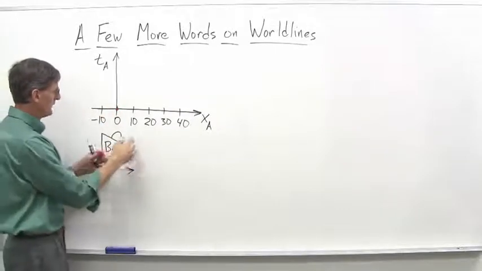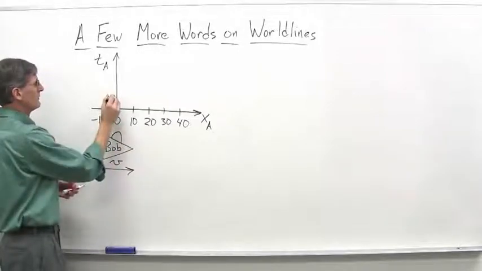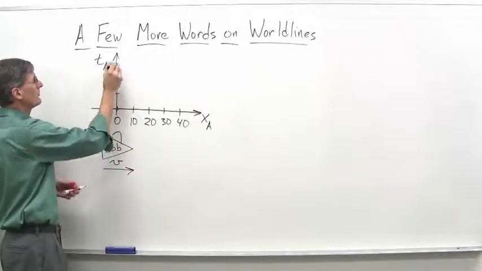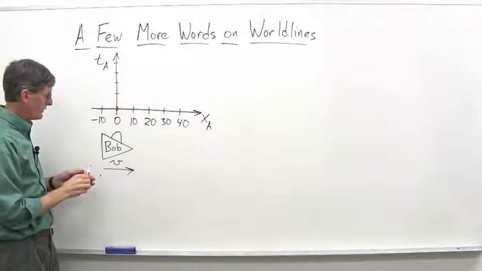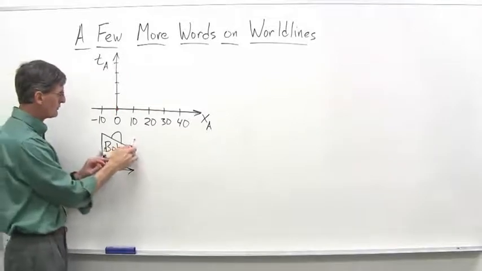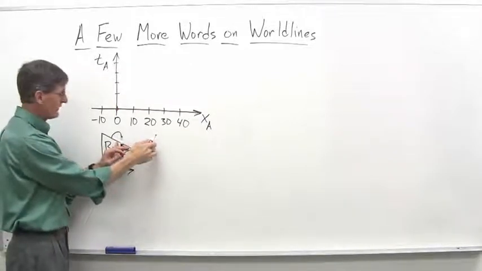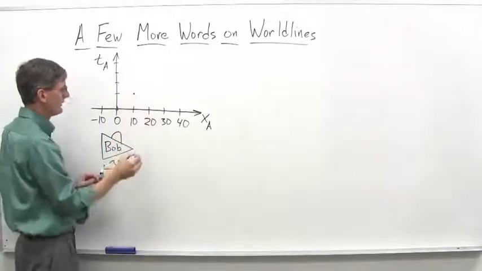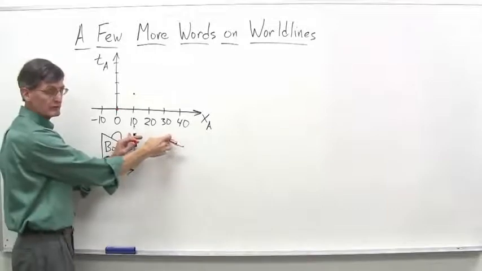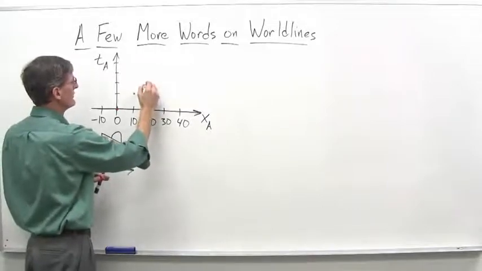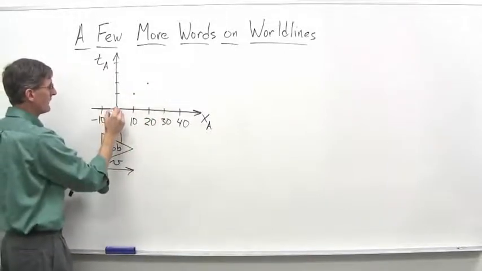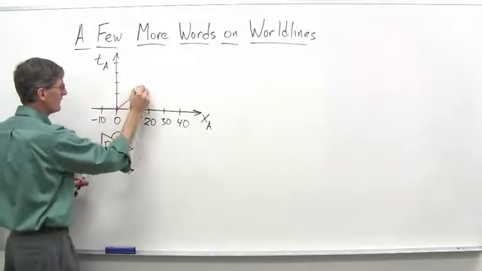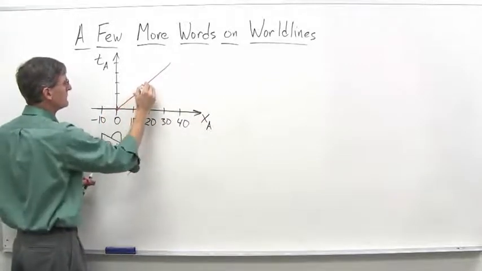Then let's put some time marks here, the tick marks for time. So at the next time, the ship has moved over 10, so now he's at position 10, and so he'd be right there, and then move again, he'd be at position 20, and so on and so forth. So the world line of Bob in the cockpit would look like that.